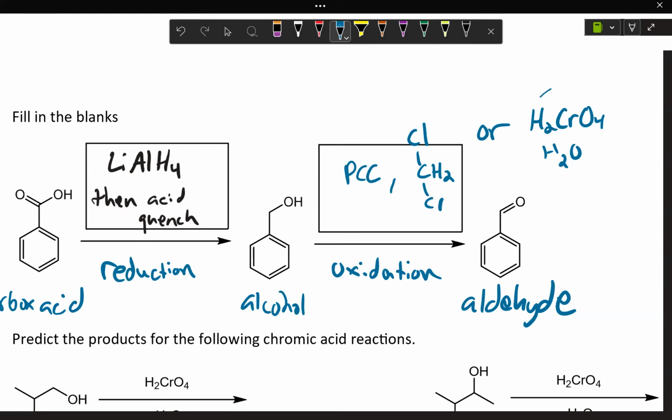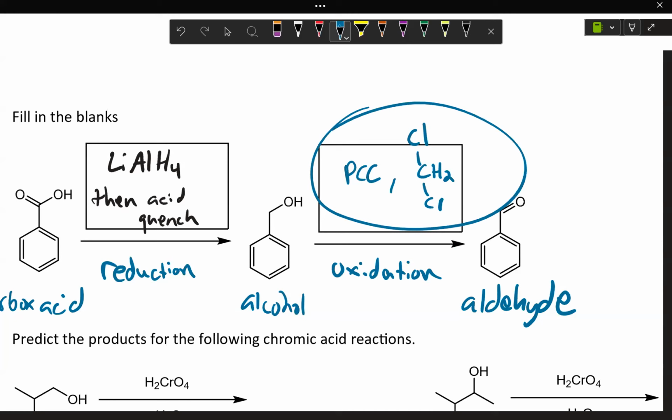In this case, we couldn't use chromic acid and water, because if we use chromic acid and water with a primary alcohol, that would turn into a carboxylic acid. But we only want an aldehyde. So PCC with methylene chloride will do that.